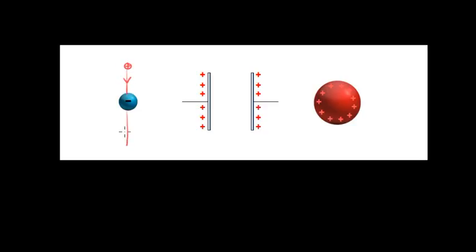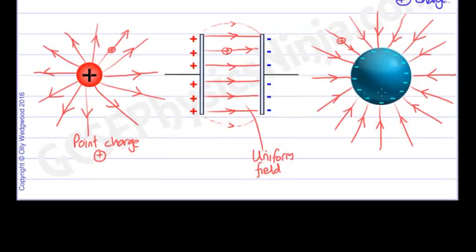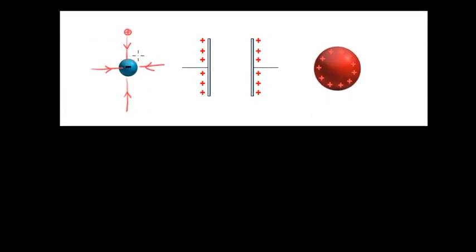And so this would be the same as in the negatively charged sphere. It's just that it's a point. We would get all the field lines going in, like that, and so on.